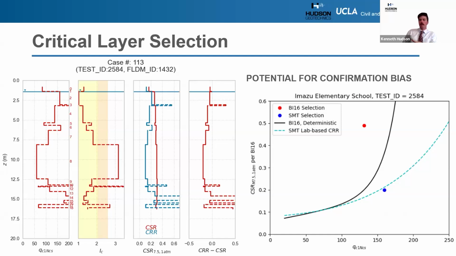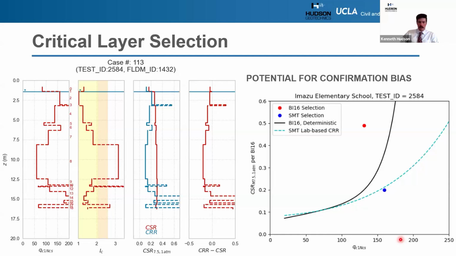When you look at these penetration resistance plots with depth, you know which sites did and did not liquefy, so you might have the potential, even unknowingly, to pick a layer that is on the correct side of your model's curve, rather than one that might not be. It probably doesn't come up that often, but it could be important.